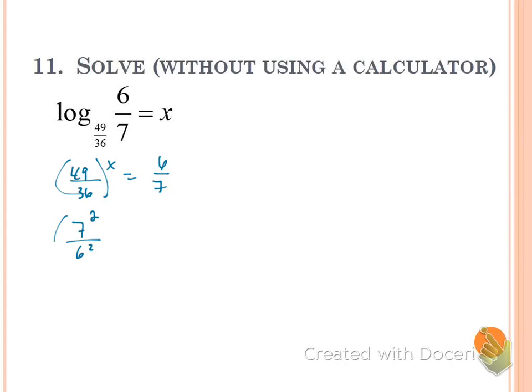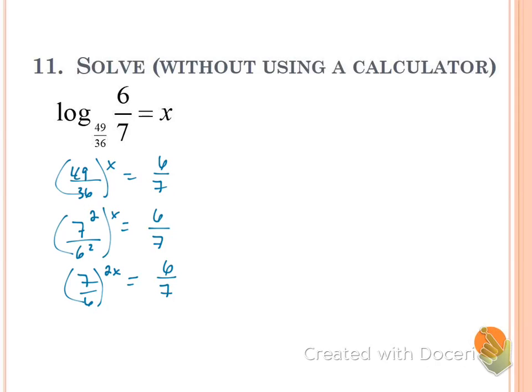So 7 squared and 6 squared. Now, remember that exponent rules apply here. If the numerator and the denominator are being raised to the same power, then we can pull that power out and just make that the exponent on the entire fraction. So pull that 2 out with the x and make this 2x.